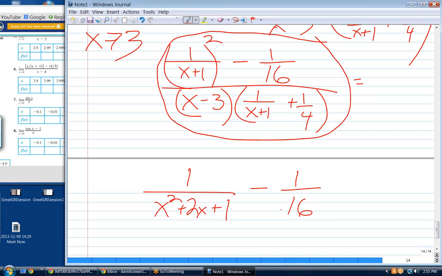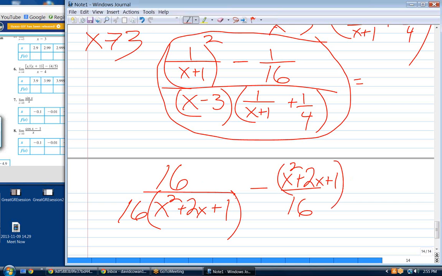So, let's find a common denominator. And this top term is 16. And this term over here is x squared plus 2x plus 1. And that's where we're going to get our numerator.